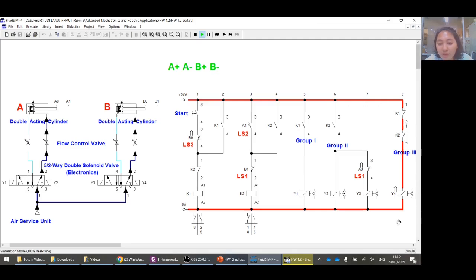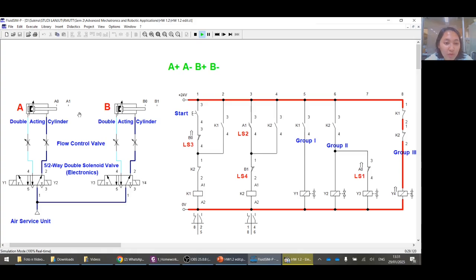This red line means that electricity flows in the circuit. Then I will press the start, all cylinders in the minimum position with the signal flow A plus, A minus, B plus, and B minus.